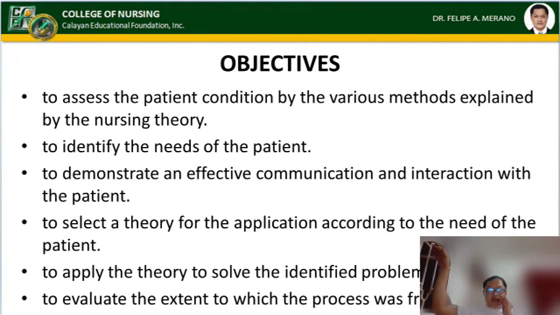It will help us to better understand how to effectively communicate through interaction with the patient. And next is to select the theory for the application according to the needs of the patient. So in here, we will apply the different theories needed for our patient. And next is to apply the theory to solve the identified problems of the patient and to evaluate the extent to which the process was fruitful.